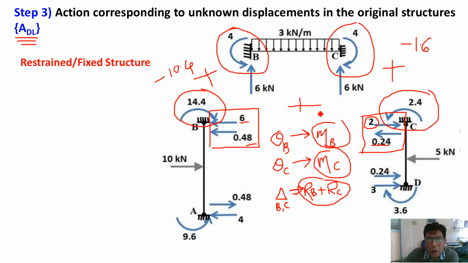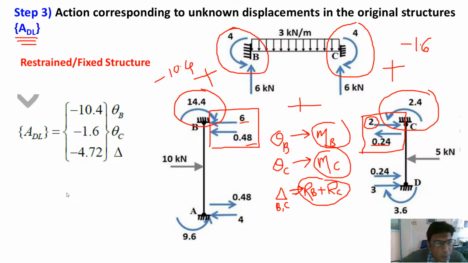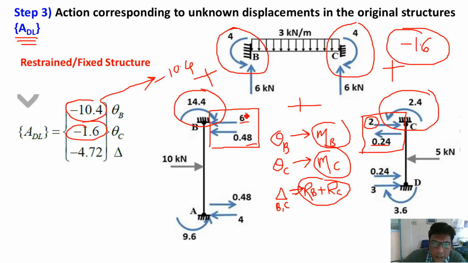So the final ADL matrix is minus 10.4 moment at B, minus 1.6 moment at C, and the addition of these 4 reactions, minus 6, minus 0.48, minus 0.24 and plus 2. The answer is minus 4.72.